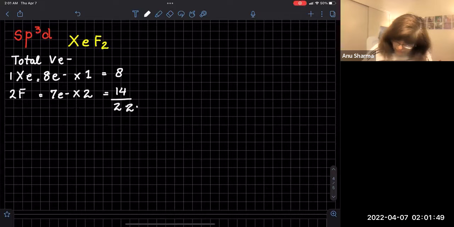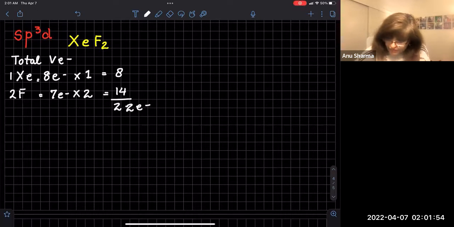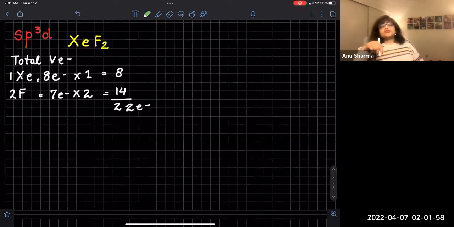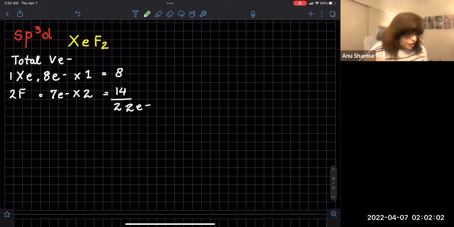Okay, 22 valence electrons. Next, remember from one of our previous lectures that xenon can make 2, 4, and 6 bonds in very specialized conditions, because xenon has d orbitals, and those electrons can be promoted, causing these hybridizations.